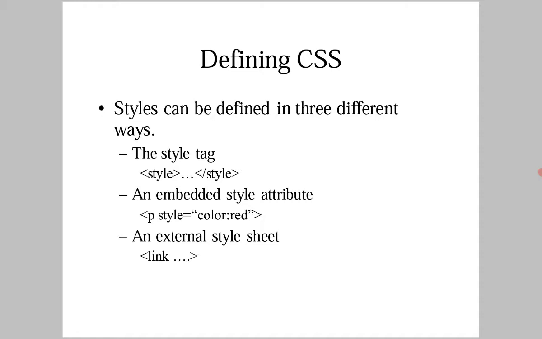The second one is an embedded style attribute, meaning we can embed, which means inserting, style sheet code directly in the HTML tags. The third type is by using some external file. By using external style sheets we may include CSS files.